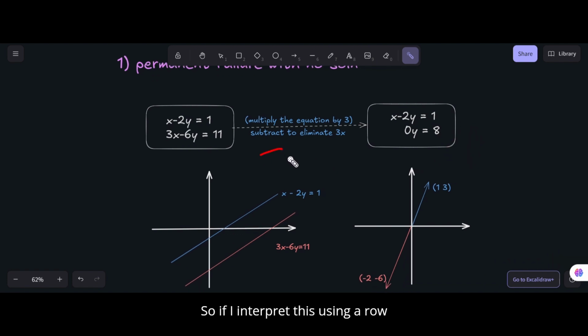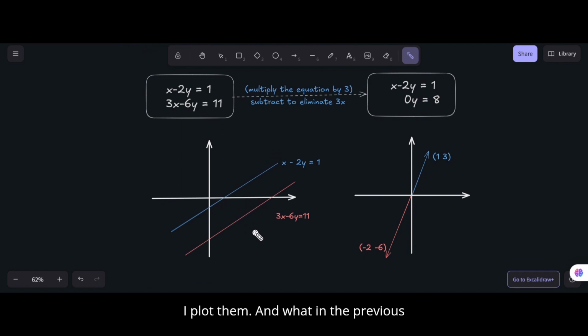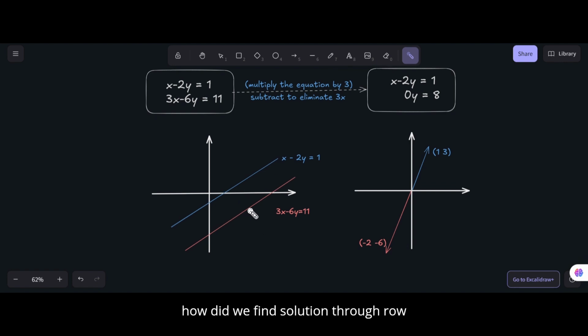If I interpret this using the row picture, I take these two equations and plot them. In the previous lecture we studied that to find the solution through the row picture, we find the intersection point of the two lines. These lines are parallel, so they have no intersection. So this system has no solution.